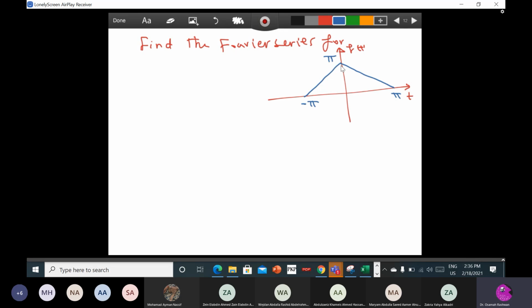And he said the period of f of t is periodic with a period 2, or he can write it like this one.